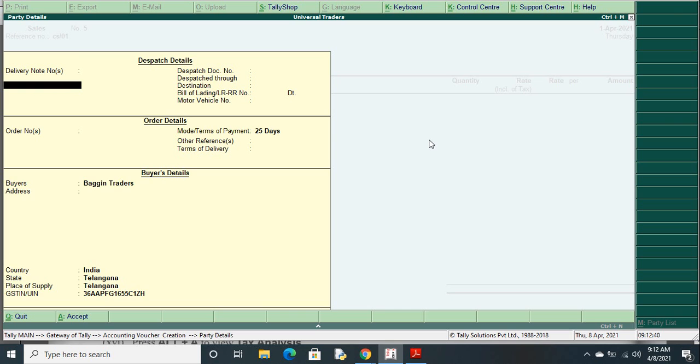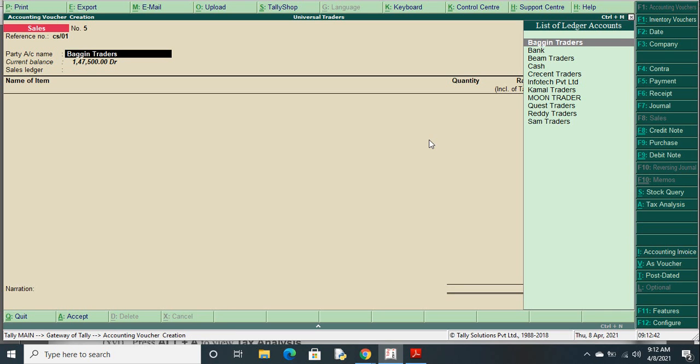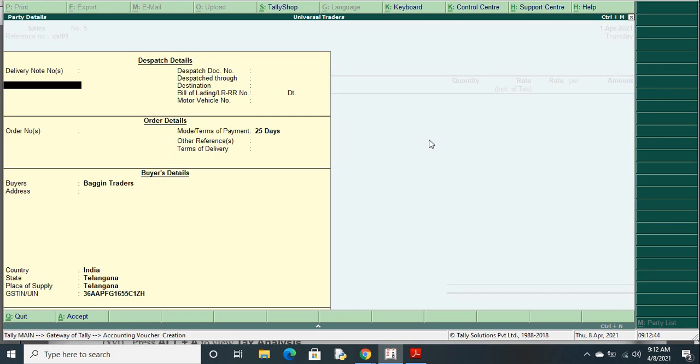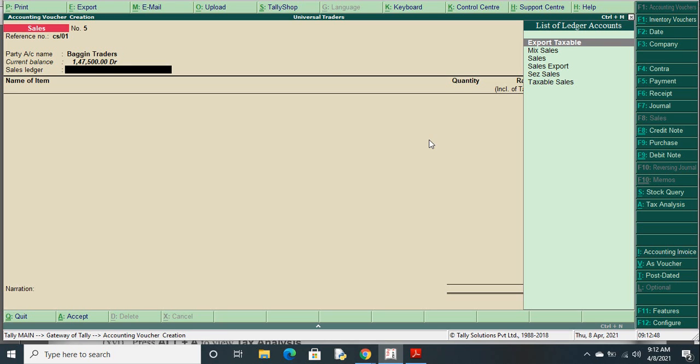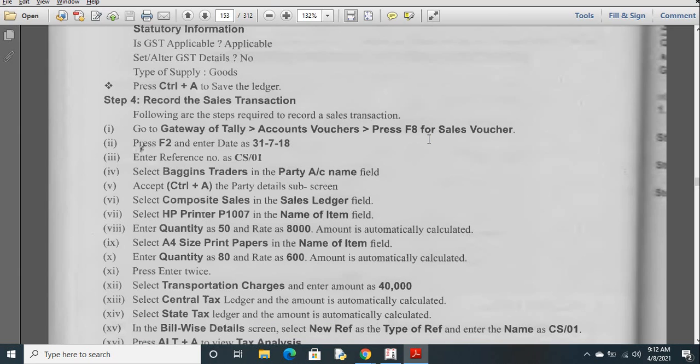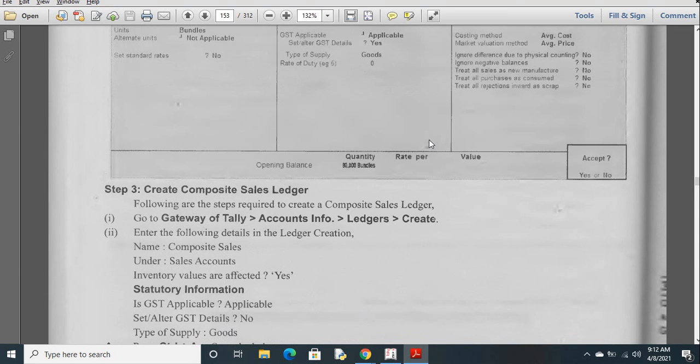Party, who is that party? Bag-in Traders, which is already there with us. Next, what do we have to create?